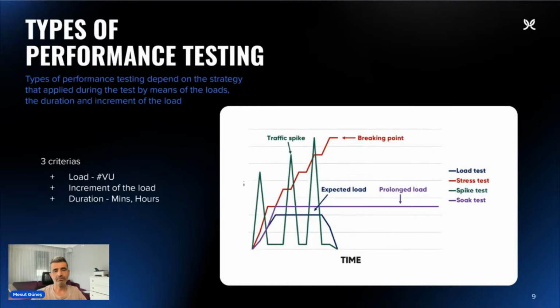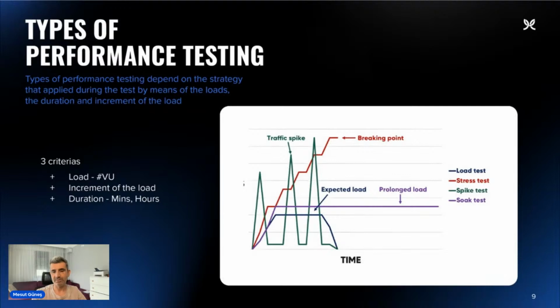And so let's talk about the types of performance testing. Within the test types, we should understand three criteria: the loads, the increment of the loads, and the duration. So a combination of these three metrics defines the performance testing types. For example, the load testing, a basic form of the load test.